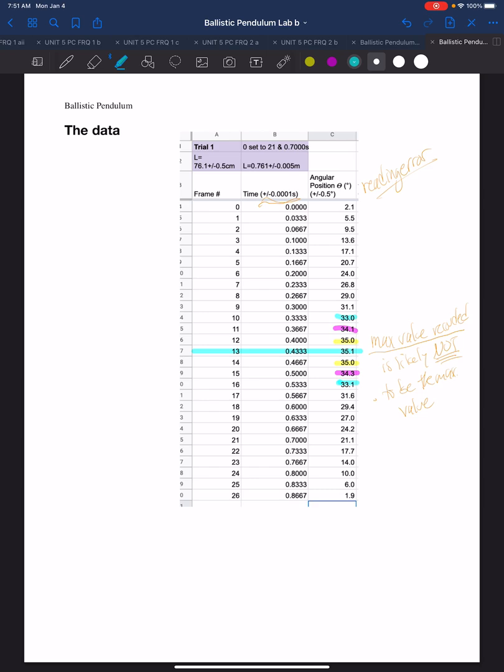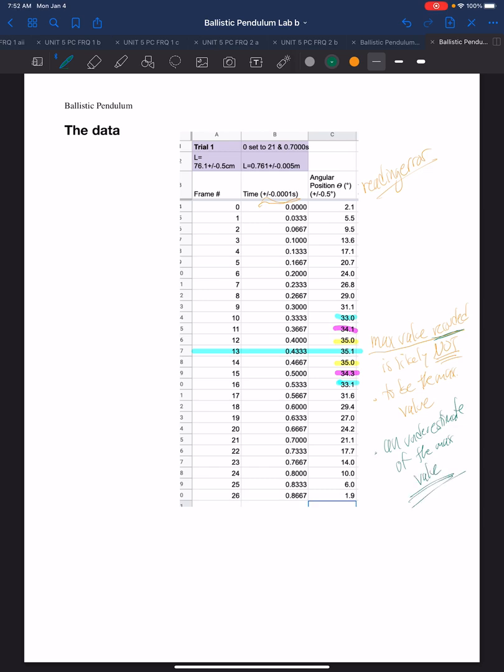But notice now, we're not relying on simply the highest value. We're looking at the values around it to give us a clue as to whether it is, or more importantly, where the real maximum value is. Is it on this side and higher than 35.1? Or is it on this side and lower than, and also higher than 35.1? So we should always consider the maximum value recorded to be an underestimate of the max value.